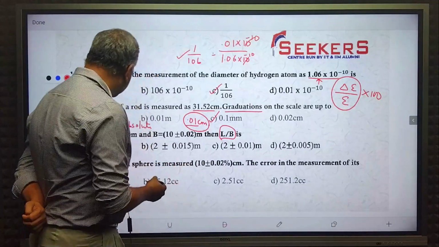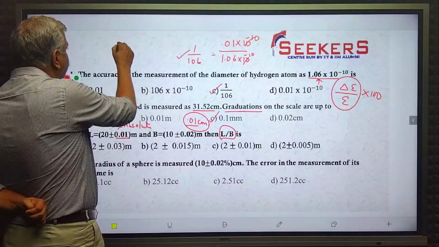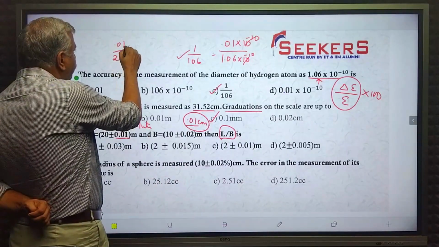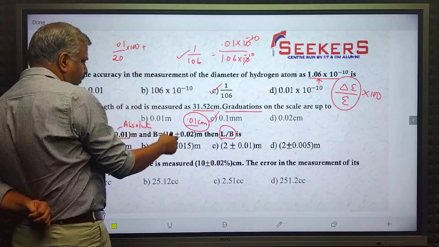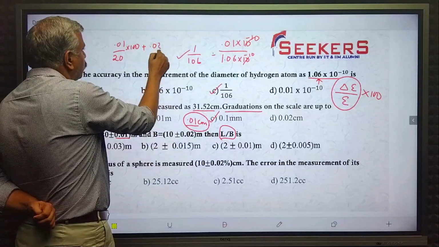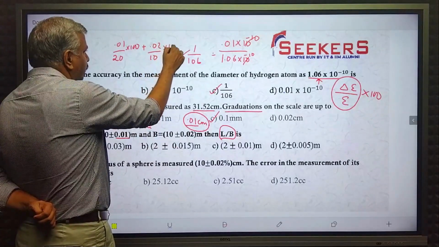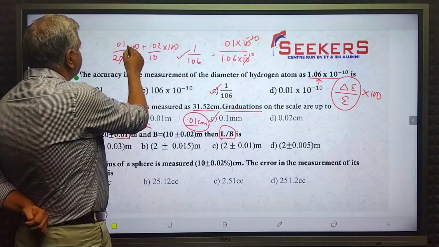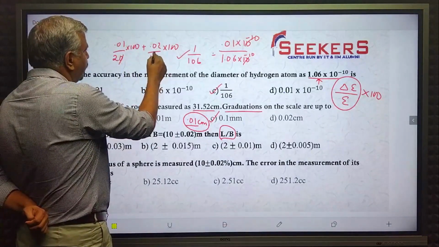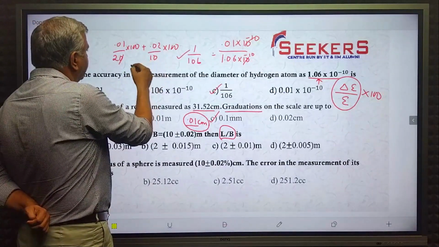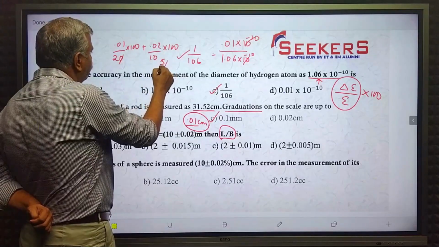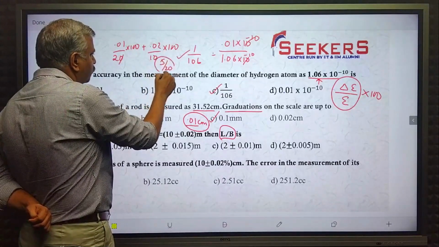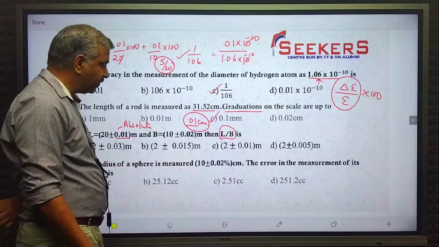So in this case the relative errors are 0.01 upon 20 into 100 plus, in the other case it is 0.02 upon 10 into 100. So this is going to be the relative error. So I can cancel. So this is 1 by 20, this is 2 by 10. So 2 by 10, 1 by 20, totally it will give you 5 by 20. So this is going to be the error percentage.